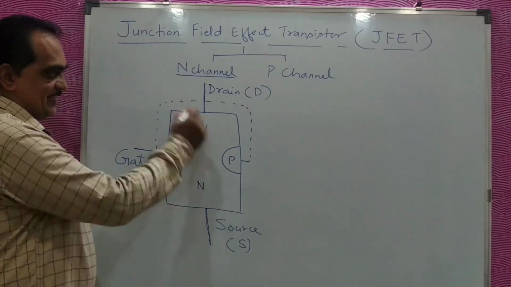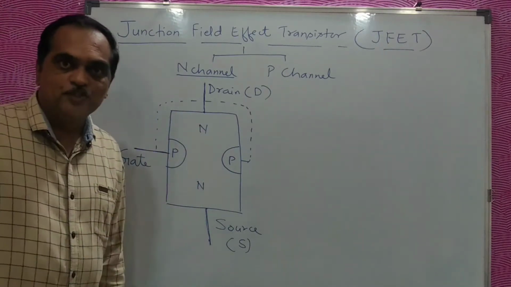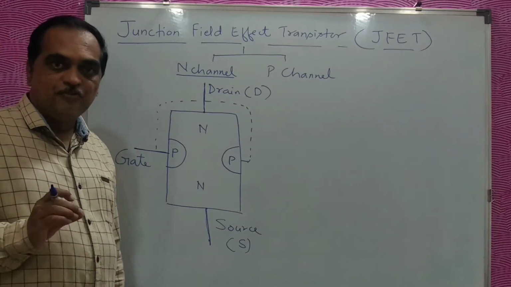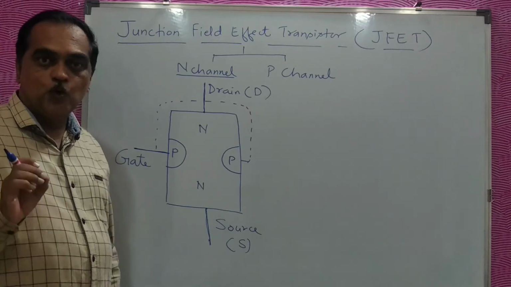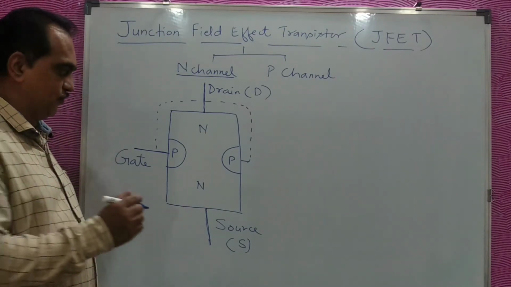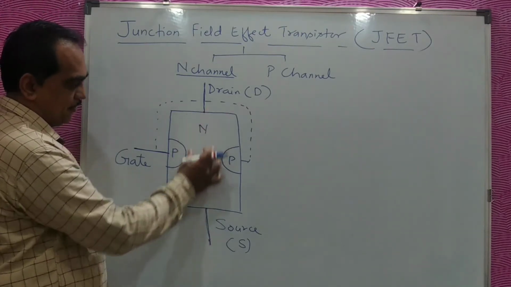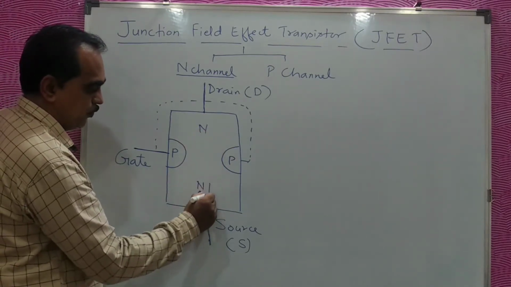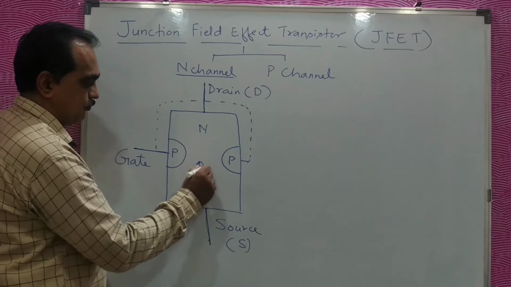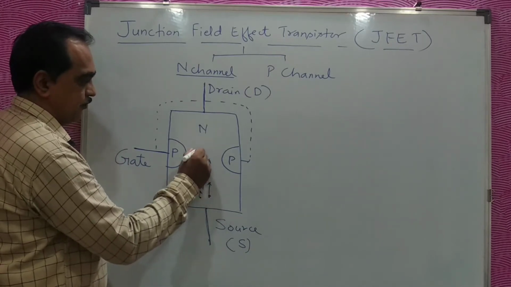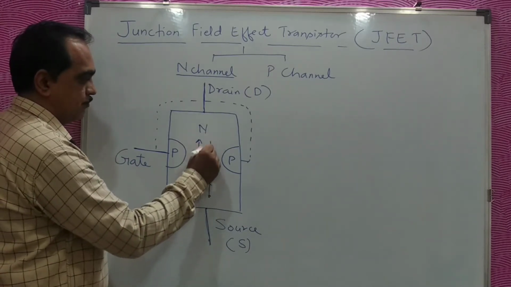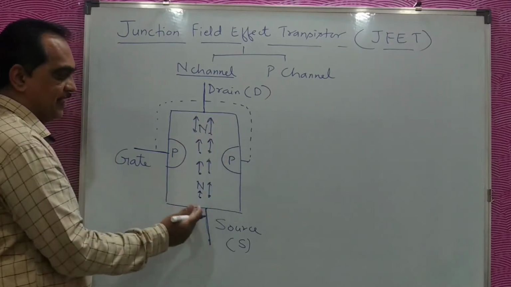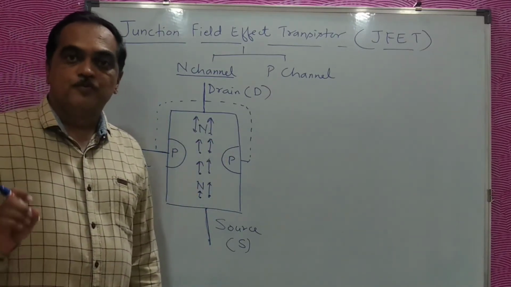Now in this, because FET was basically called a unipolar device, the flow of current will be only because of electrons. So this is an N-type semiconductor, and in this electrons are going to flow from source to drain.